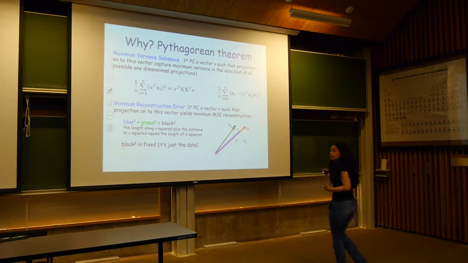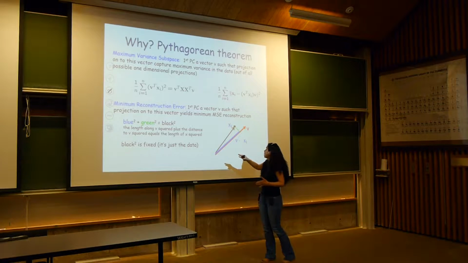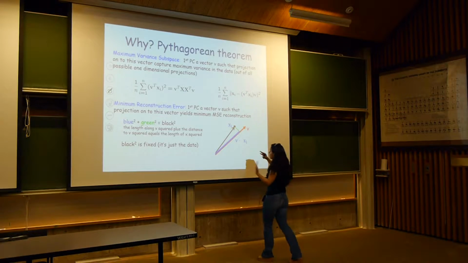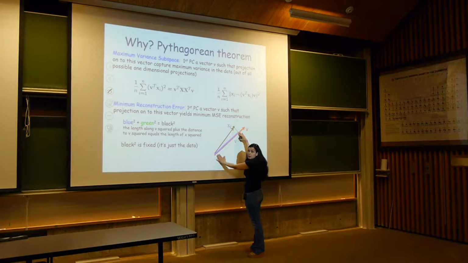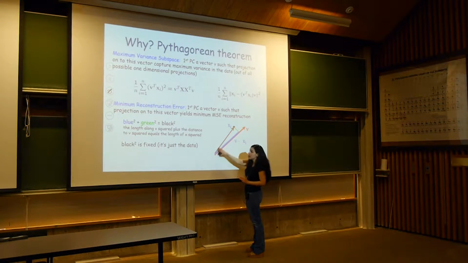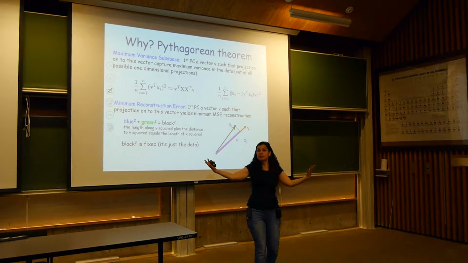Minimizing the reconstruction error is equivalent to minimizing the length of the green part. And we know by the Pythagorean theorem that the blue part squared plus the green part squared equals the black part squared. But the black part squared is the length of my examples, and that's fixed.